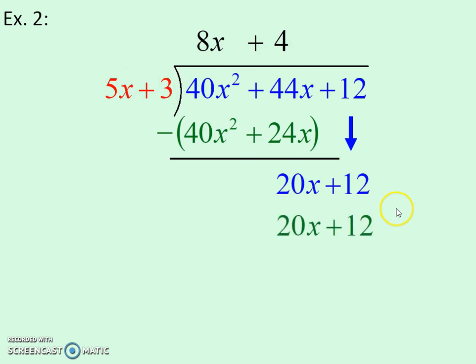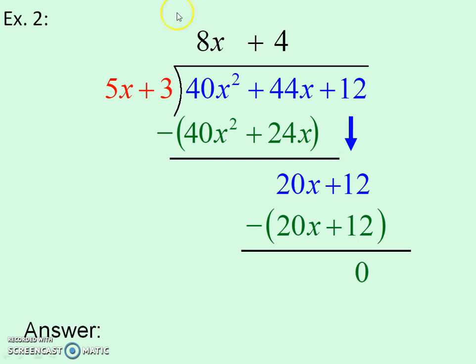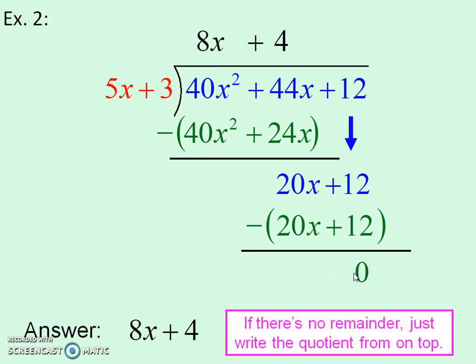I'll write that down here. I'll subtract that whole thing. 20x minus 20x cancels, and 12 minus 12 cancels out. I'm left with nothing. So the answer here is my quotient, 8x plus 4. And because there's no remainder, I just leave it like that.